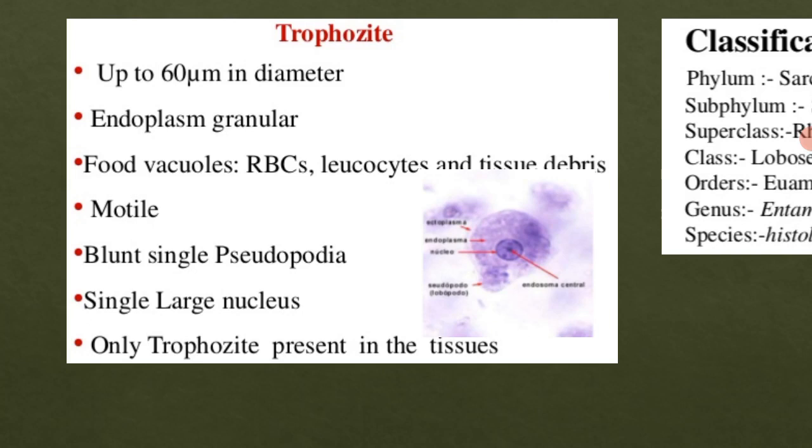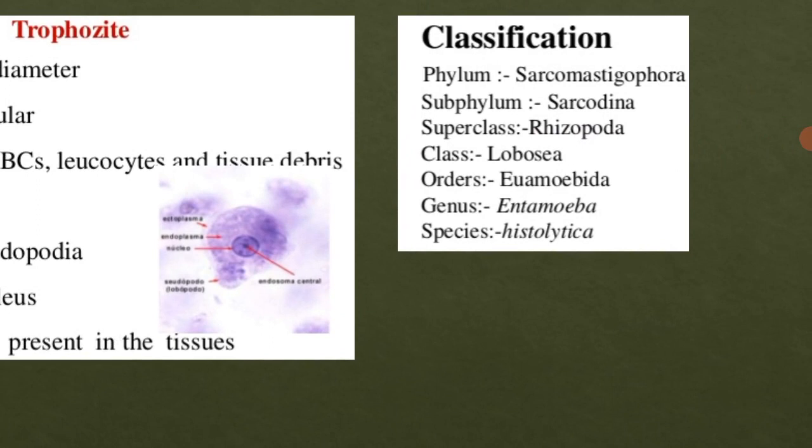It is motile, with a blunt single pseudopodium and a single large nucleus. You can see in the picture the single large nucleus. Only the trophozoite is present in the tissues.